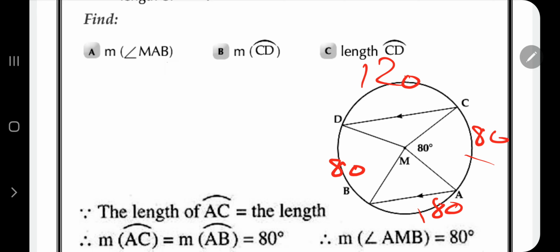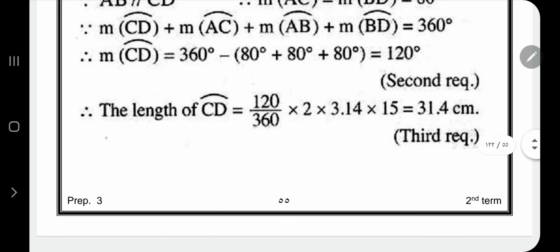He asked me to find the measure of angle MAB. This angle is 80, so this angle will be 180 minus 80 divided by 2, which is equal to 50. What about CD? CD equals 120. What about the length? Here is the rule: the length equals the measure of the angle over 360 multiplying 2 pi r. This is the result.